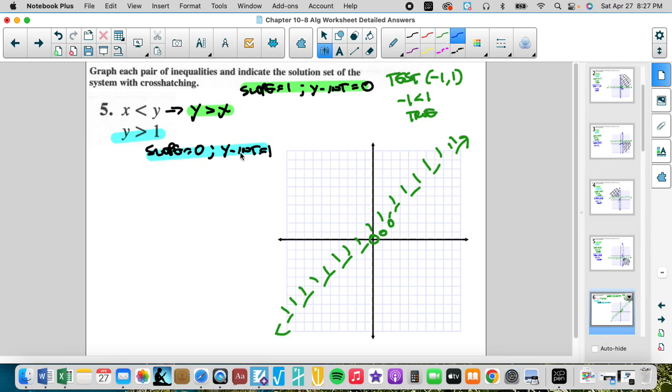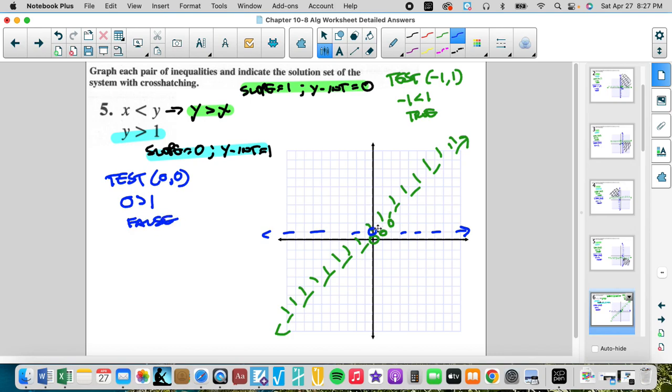Let's go blue now. You're my boy. Y-intercept is 1. It's open. And slope of 0. So up 0, right 1. So that's going to make a dotted line like this. I can use the point 0, 0, so I can test 0, 0. Is 0 greater than 1? That is false.